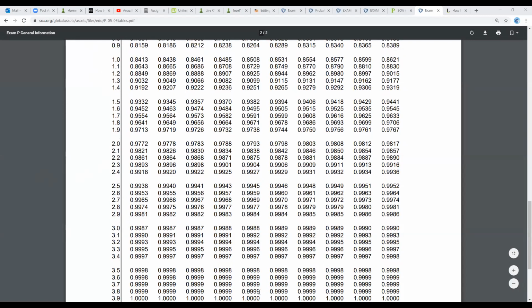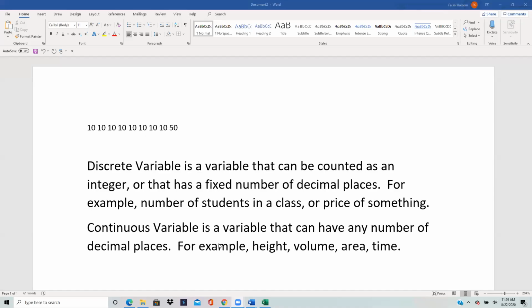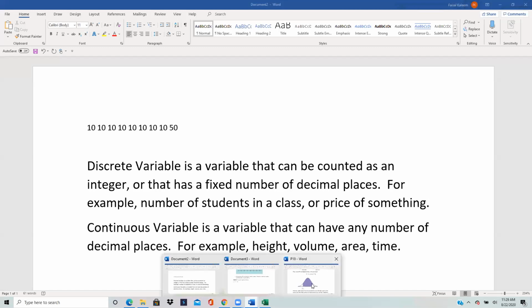So now if we go back to our word screen, it's here.